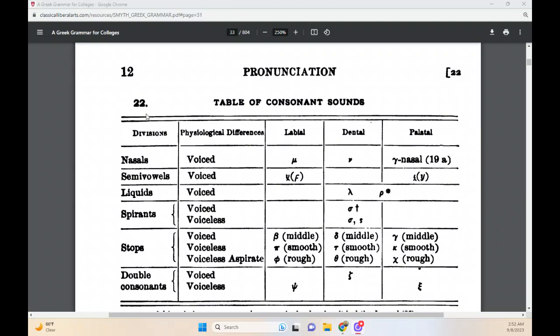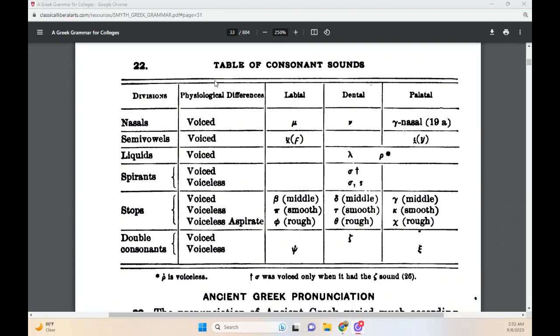Now in Article 22, we simply have a table that summarizes everything that we've studied in Articles 15 through 21. So you should be able to walk through this table and understand everything that it shows you based on what we've just studied. We see that there are divisions of the consonants into nasals, semivowels, liquids, spirants, stops, and double consonants.